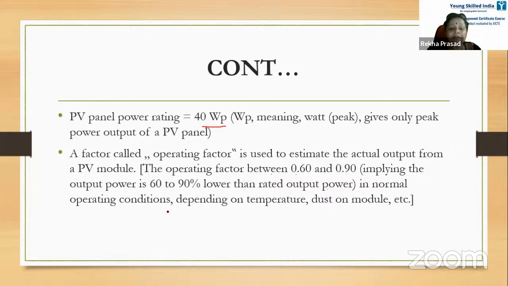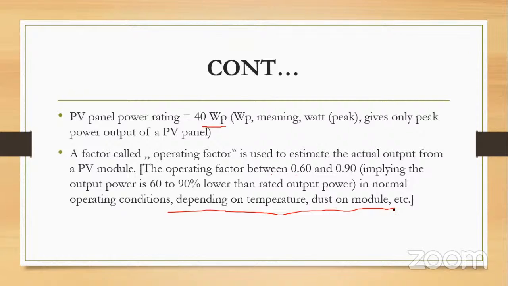In normal operating conditions, temperature, dust on the module, etc., affect the actual output. So this is how we calculate how many PV panels you will be requiring for producing the amount of electric energy which you want to produce.